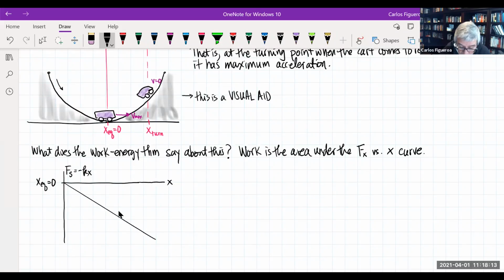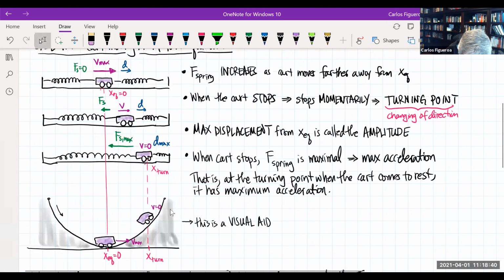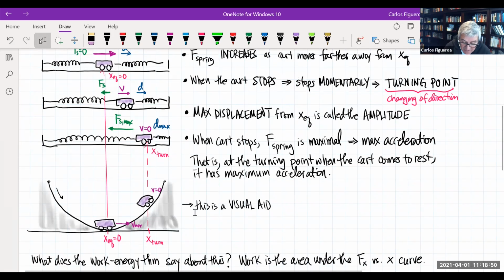So what I'm really doing here is moving to where? This point right here is my what? My turning point. That's where I'm going to turn around. Look at the picture here: as the cart is moving to the right, note that the displacement and the spring force are in opposite directions, so it does negative work.